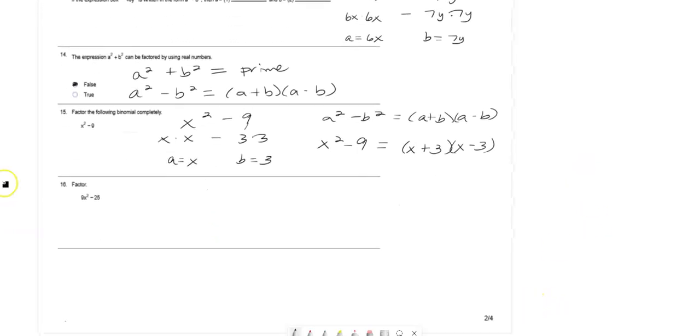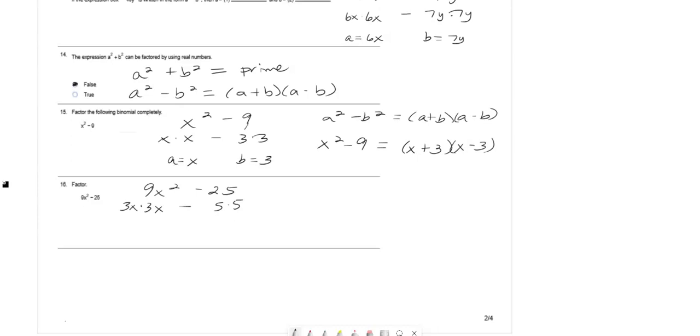Let's go to the next one. Factor the binomial 9x squared minus 25. So again, the fact that we have x squared really is giving it away that this is going to be the difference of two squares, but we just need to prove it first. So we have 9x squared. Well, we know 3 times 3 is 9, and we know that x times x is x squared. So we say that 3x times 3x does equal 9x squared. So we have a perfect square here. And we know that 5 times 5 is 25.